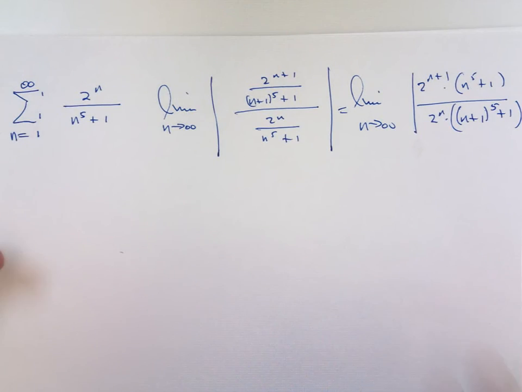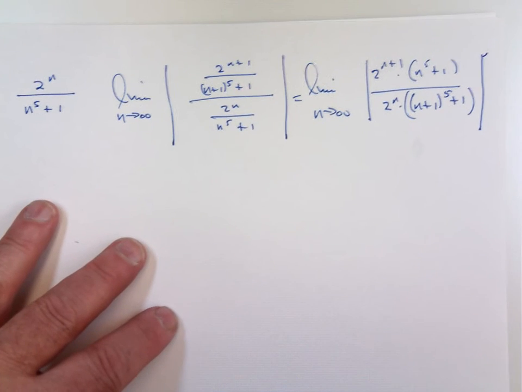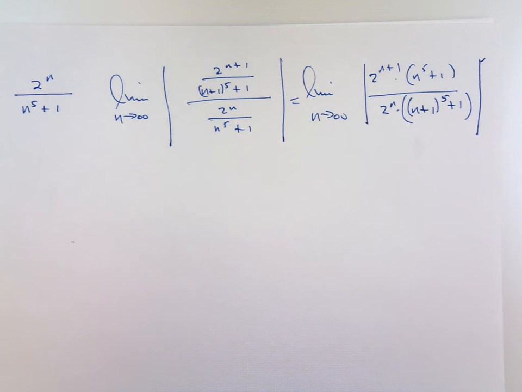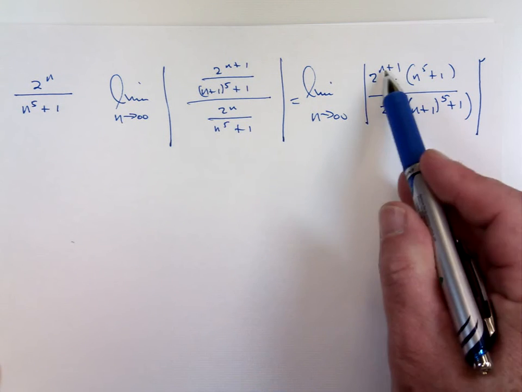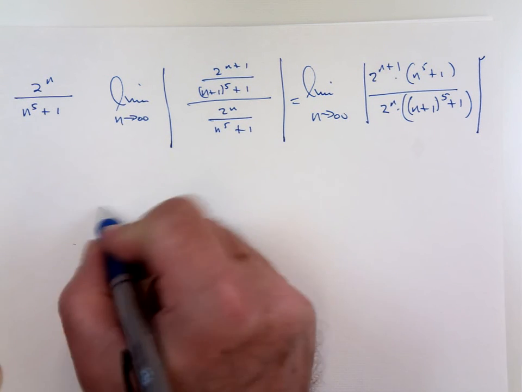Oh, and we can simplify. 2 to the n plus 1 over 2 to the n gives us a 2.